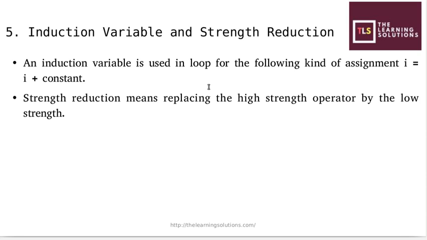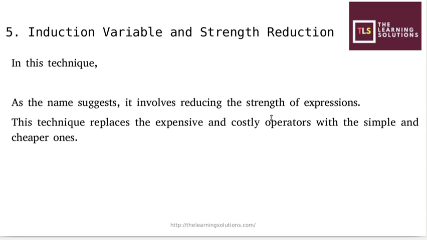And secondly, the strength reduction. The meaning of strength reduction is, instead of using a high strength operator, replace those high strength operators by low strength operators. That means achieve the same result by simply replacing a high strength operator by a low strength operator. What this technique tells us is that we are basically reducing the strength of the expression.